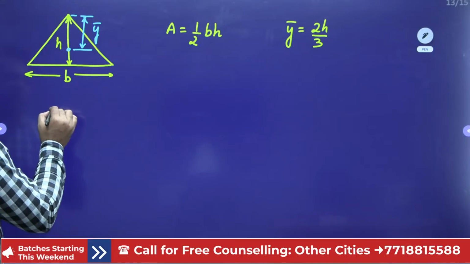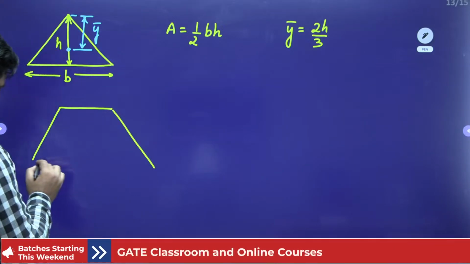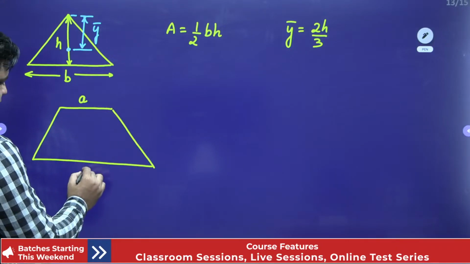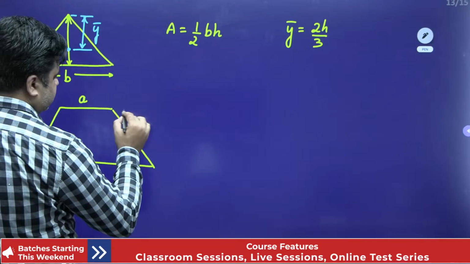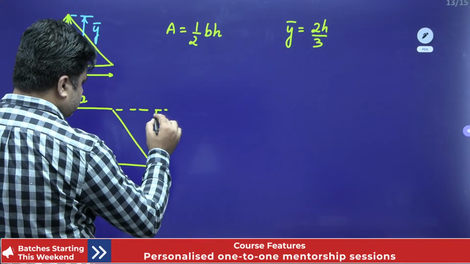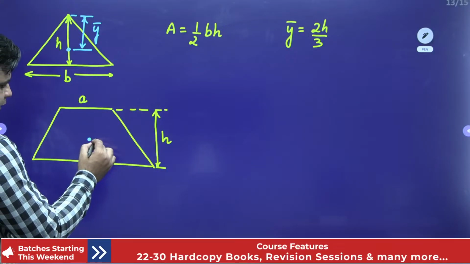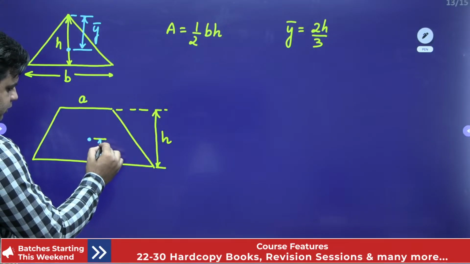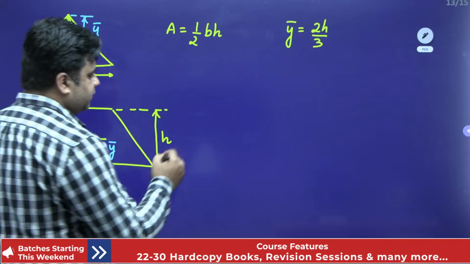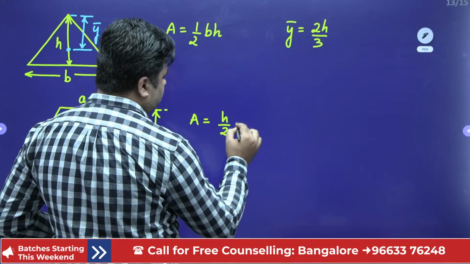Next is your trapezium. This side is A, this is B, and this height is h. The position of CG is y bar from the base. So for the trapezium, area is h by 2 into (A plus B).